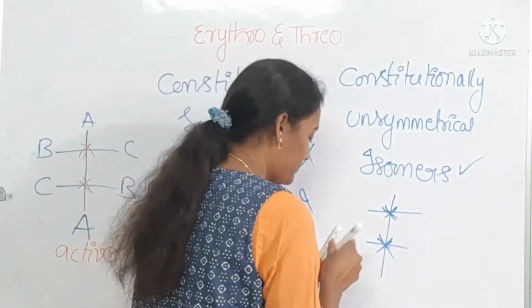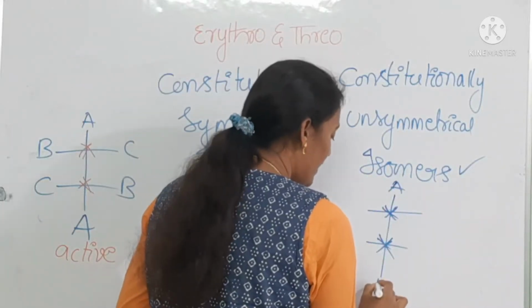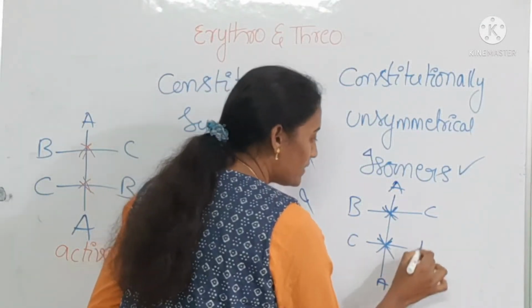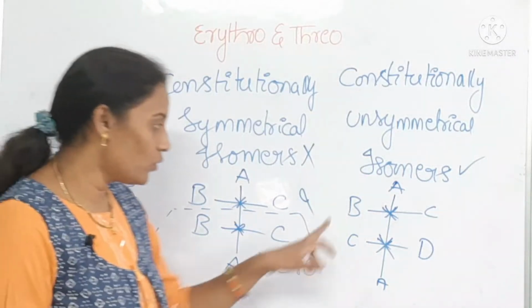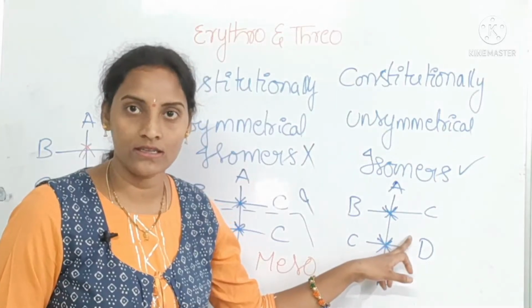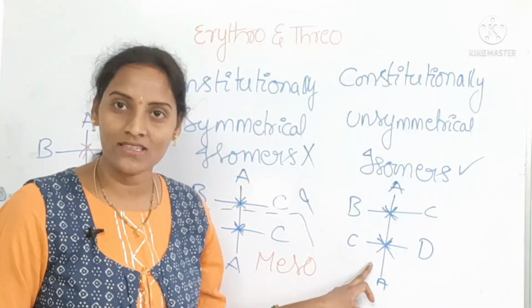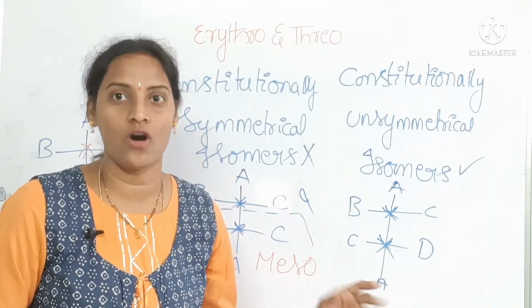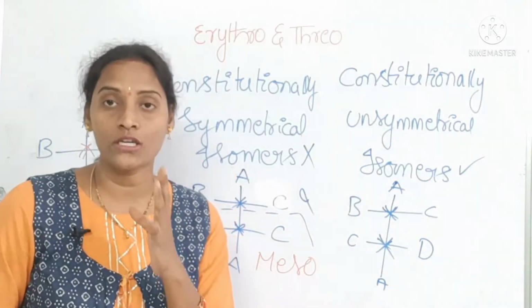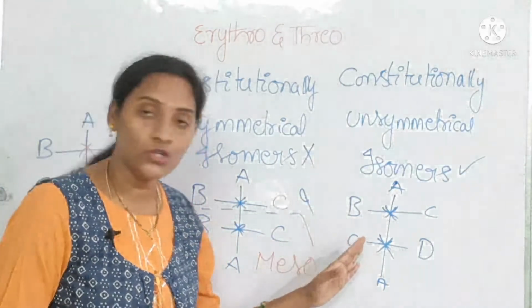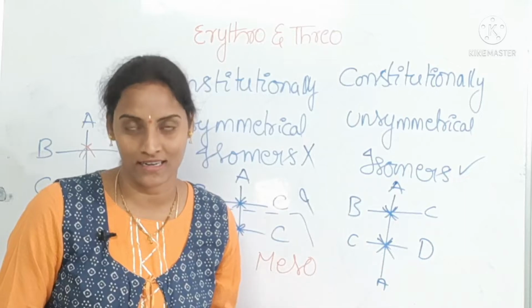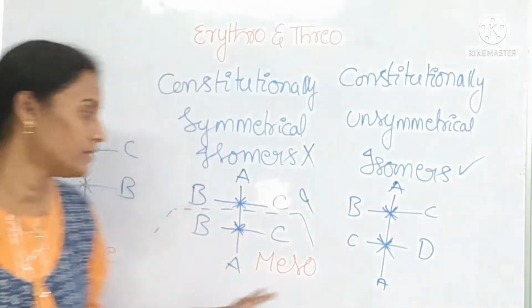See here, students, this one is A and this one is also A. Here B, C, here C and there D. A, B, C for the first chiral center or stereo center, and coming to the second stereo center, A, C, D are there, and B is not repeated here. That means at least one different group needs to be there, then only you can assign whether it is an erythro isomer or comes under threo isomer.